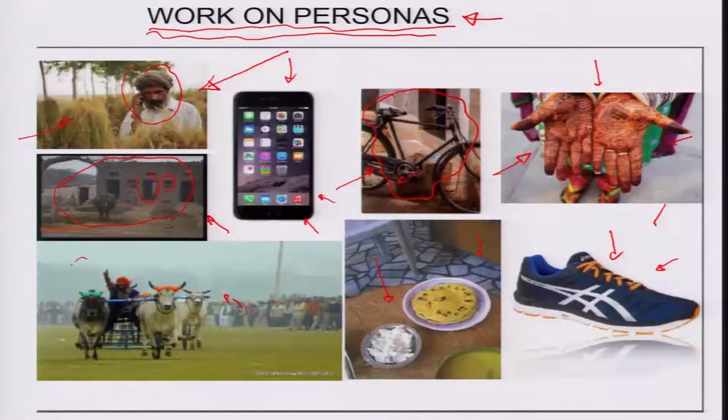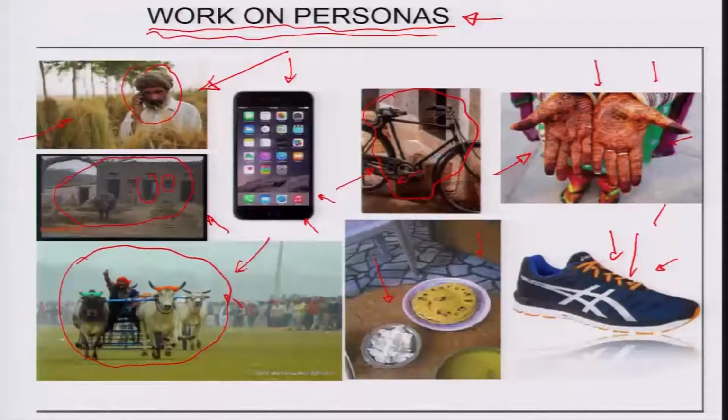For that he decides to participate in a bullock race, probably jeopardizing his safety also, but because of the need for some of the things in this slide, he still decides to participate in the race, even though it may jeopardize overall safety and there may be a possibility of injury, etc. So, this is a story built up on this persona through which you could try to map some of the inherent needs that this person has, for which you could develop solutions.